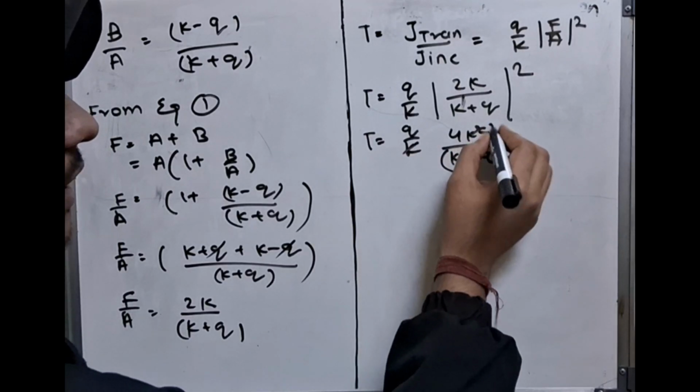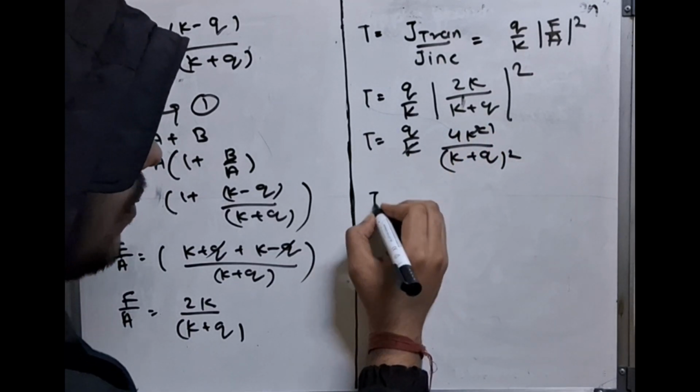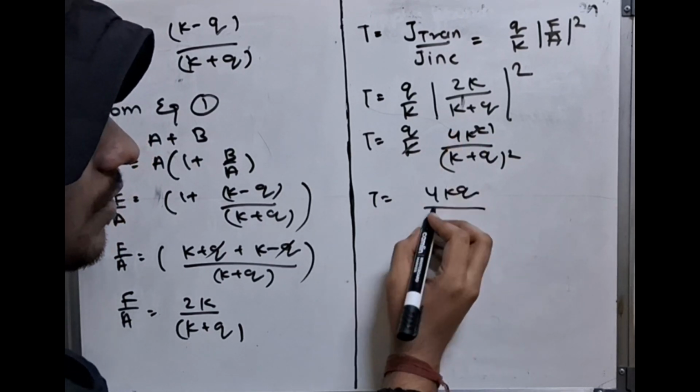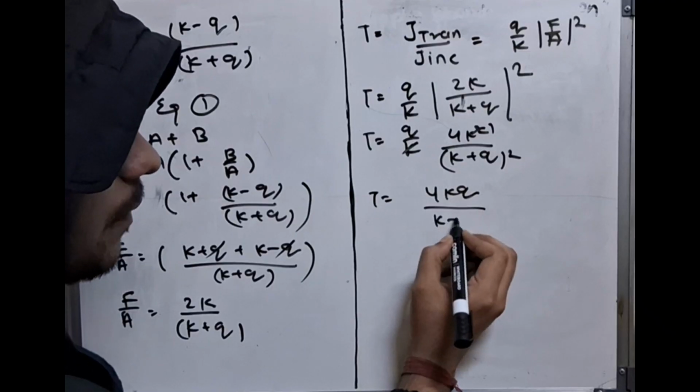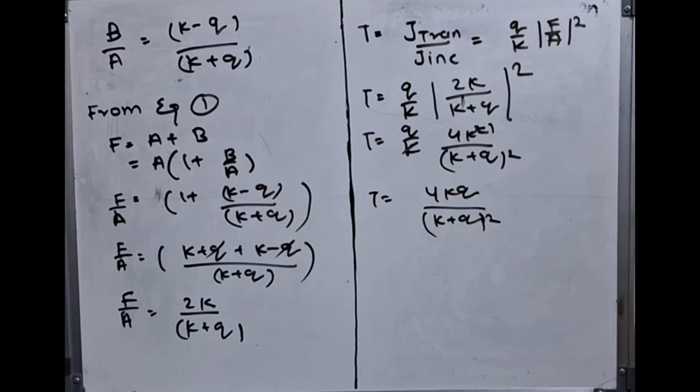Now K to K gets cancelled, so one of the numerator K's gets cancelled with one of the denominator. So 4KQ, as one K is left from the numerator, so 4KQ and (K plus Q) the whole square. So this becomes our transmission coefficient.